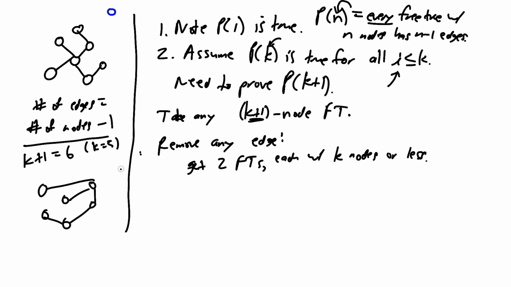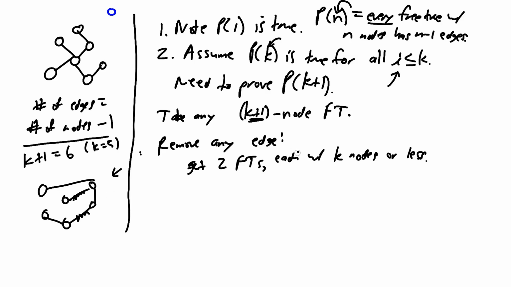Let's look at our example over here. If I remove any edge, we're going to get 2 free trees. I think you'll see that's the case, right? Any edge that we remove is going to sever the thing, and it's going to sever it in exactly 2 parts. So if we remove this edge right here, we're going to get these 5 on the outside and the 1 in the middle. If we sever this edge right here, we're going to get these 2 connected and then these 4 connected. Each side is a free tree still, right?